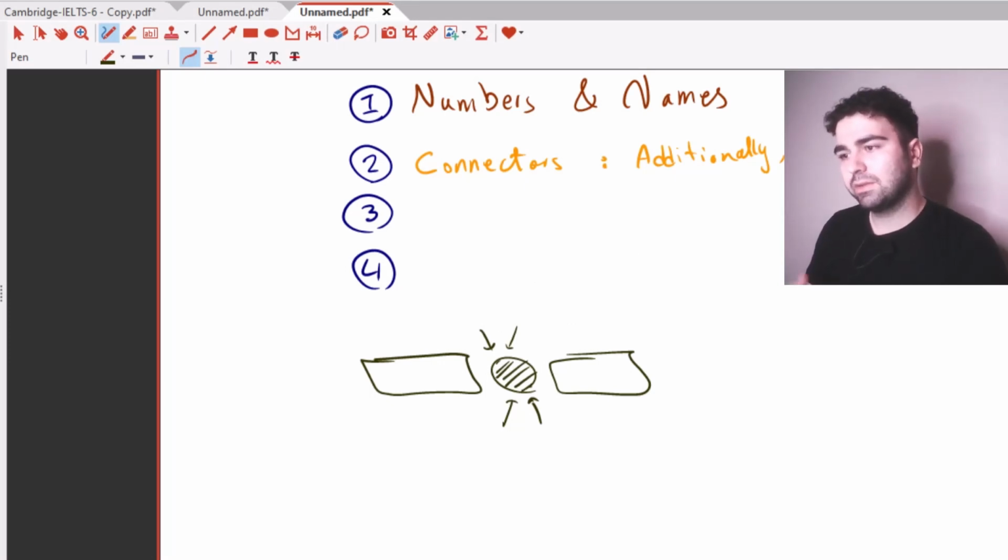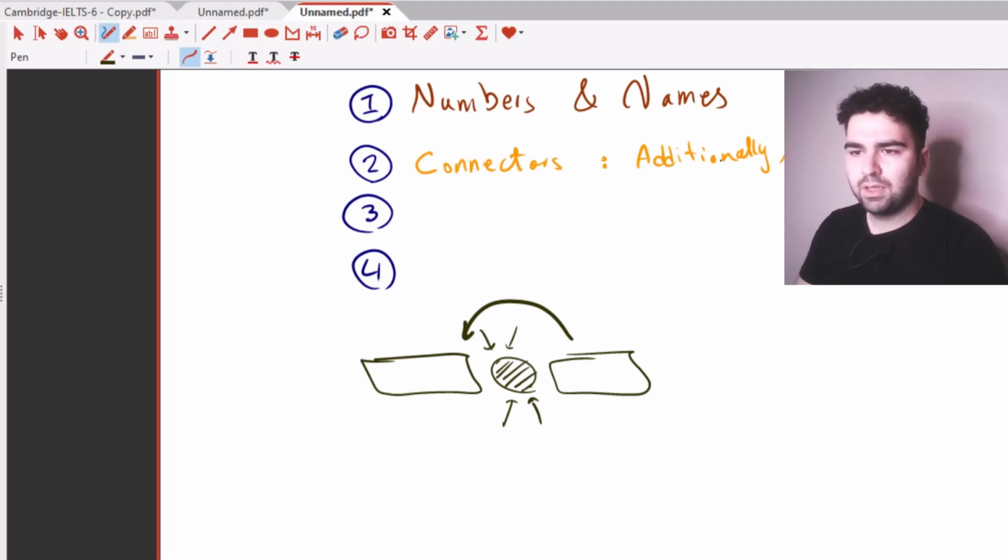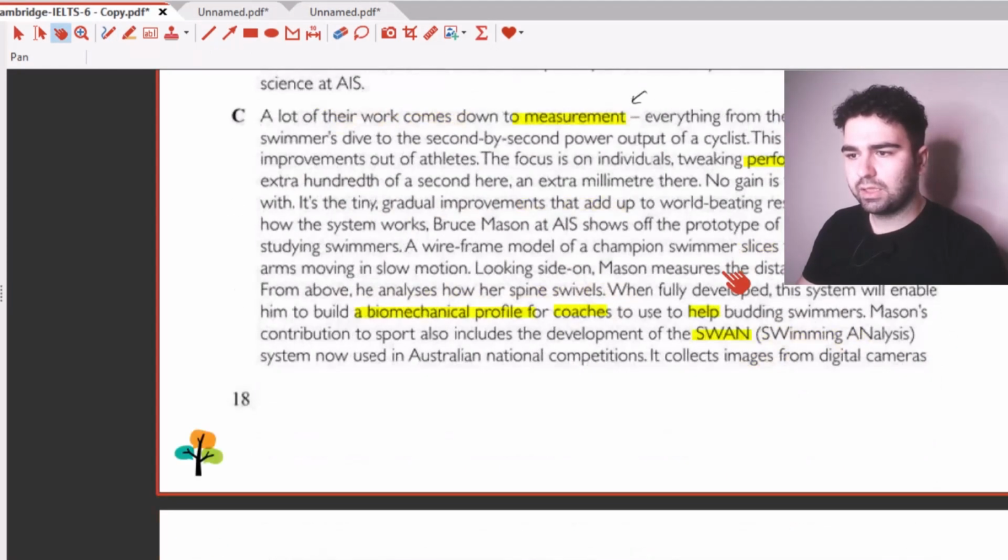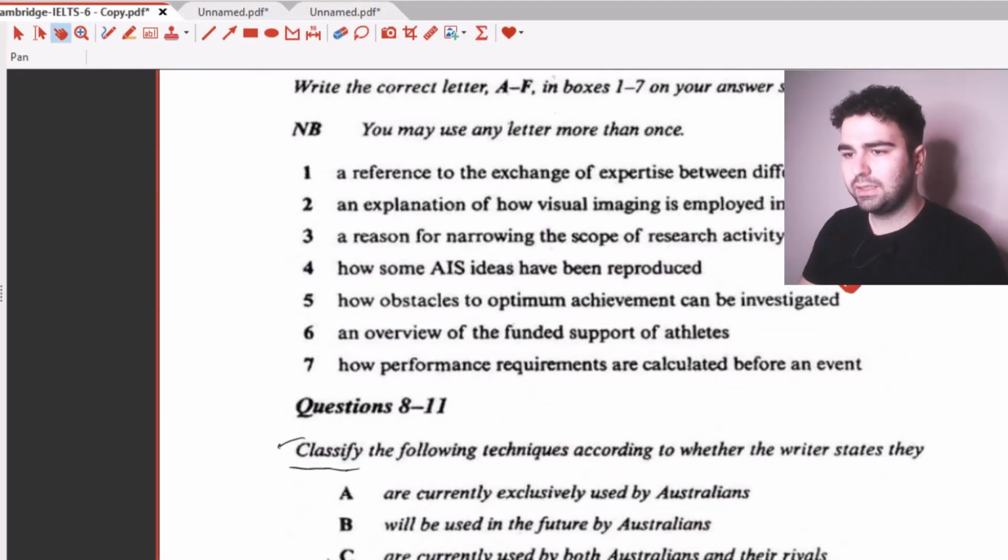For example, let's take a look at the word, for example. It is telling you that this other part is referring to an example of it. I wish we were lucky and we have it here. Look at it.